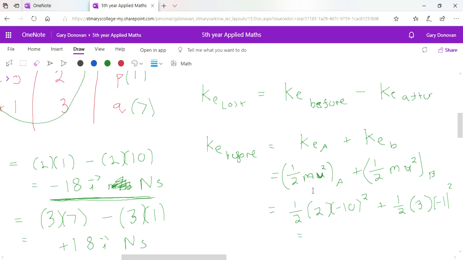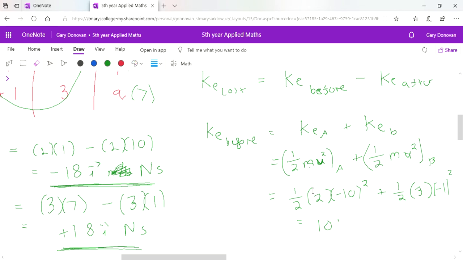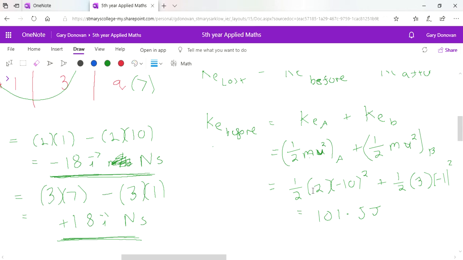Type that into your calculator and you should get 101.5 joules.